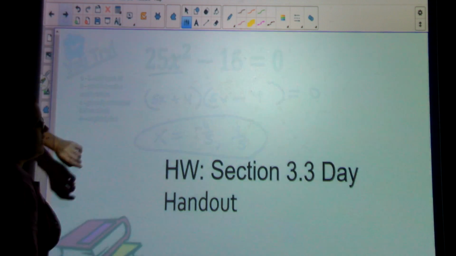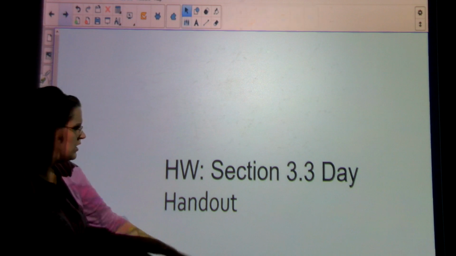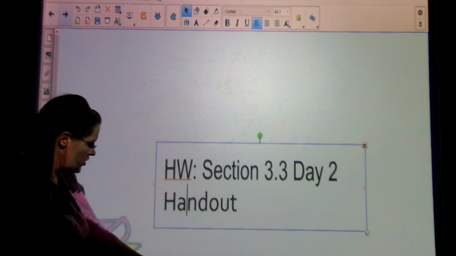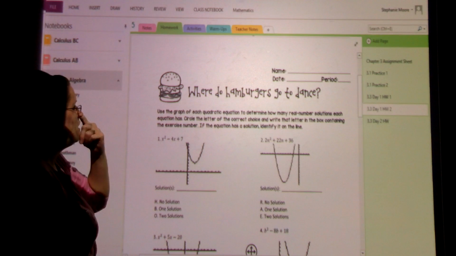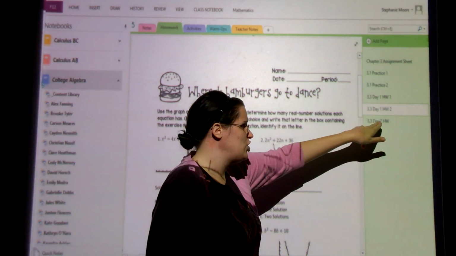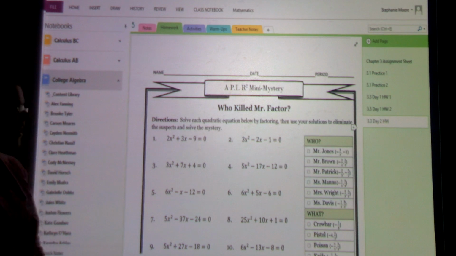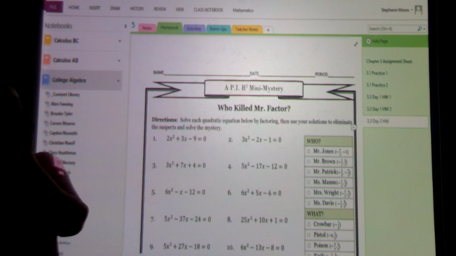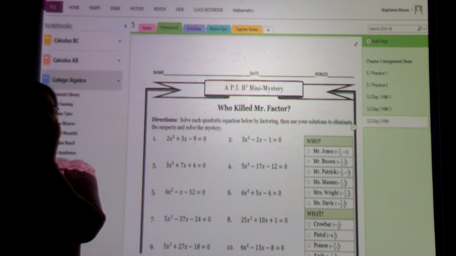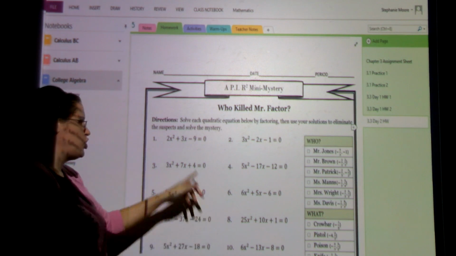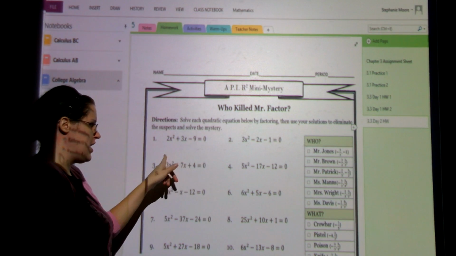Okay, homework tonight is another handout. I got rid of my day 2. So in your OneNote, 3.3 day 2 homework, you got a clue. This is not a scavenger hunt, but on a separate piece of paper or below, do not squeeze in work right here.